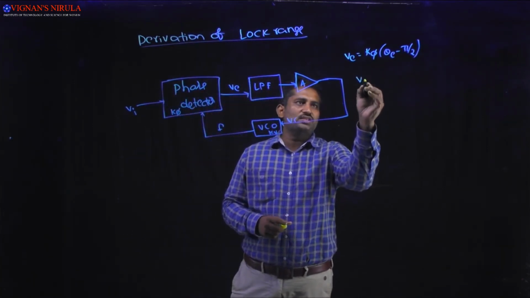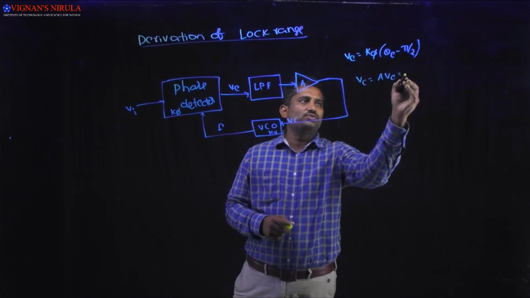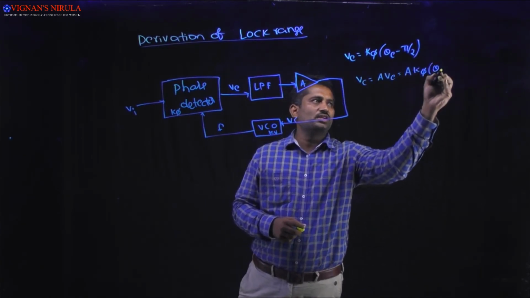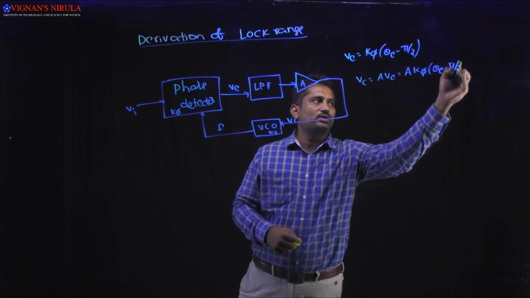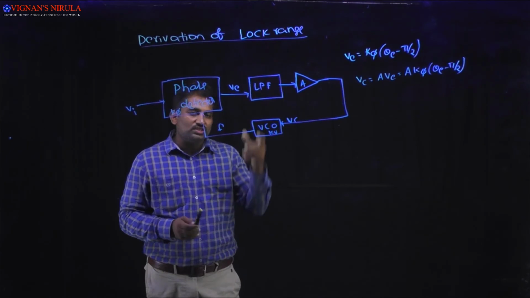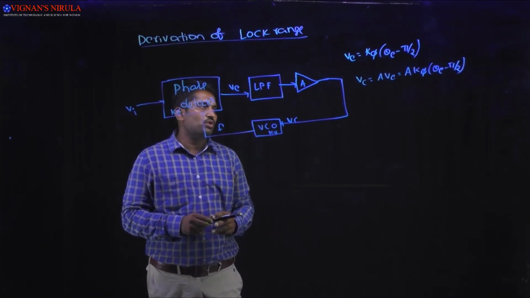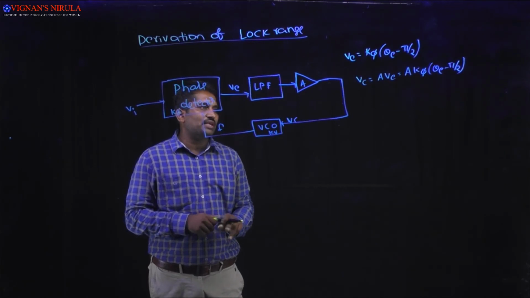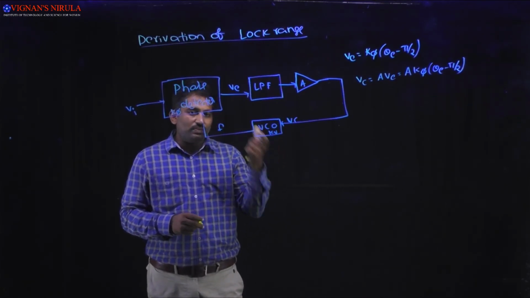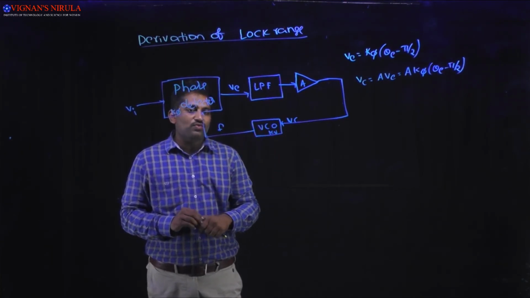So Vc will be taken as A into Ve, which is A into K phi into (theta e minus pi by 2), which is the control voltage applied at the input of the VCO. The control voltage is used to generate the output frequency of the VCO.